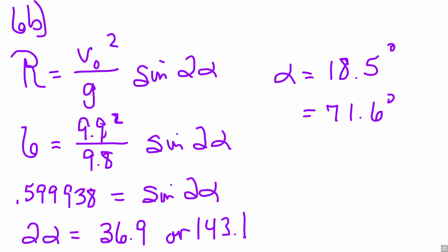All right, and then the last one we have is problem number 7. It says what 2 angles of elevation will enable a projectile to reach a target 60 kilometers downrange on the same level as the gun if the projectile's initial speed is 400 meters per second.